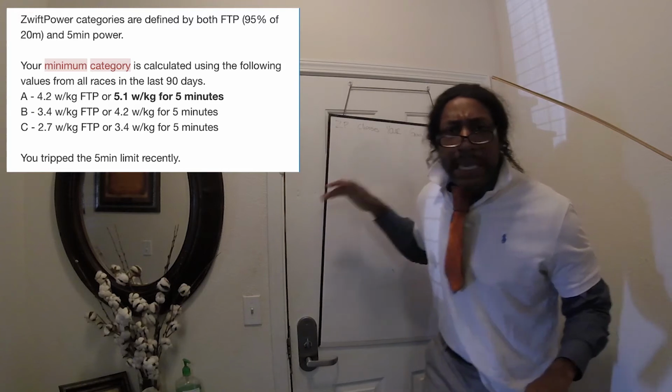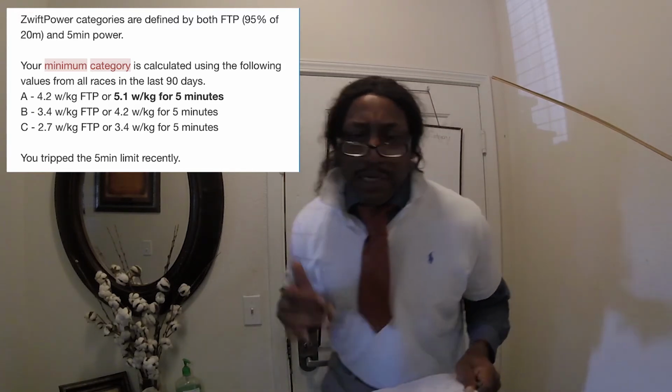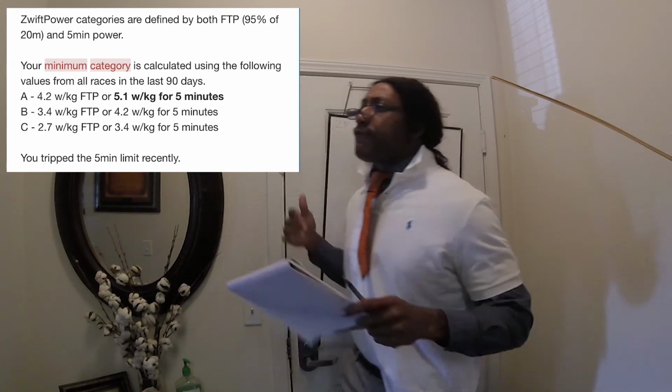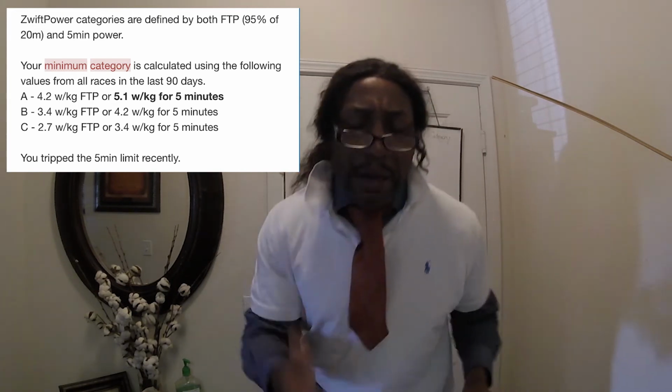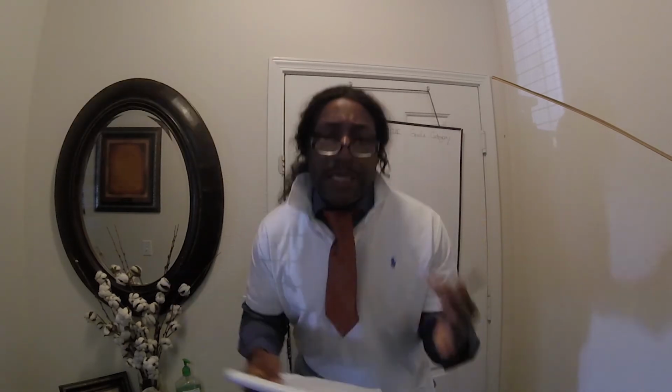All right, and it says there that they utilize your 95% of 20-minute power and your 5-minute power to help identify which category you belong in. So what's going to happen is you're going to start in D grade or whatever, and you're going to move up through the ranks. Don't you all want to move up in the ranks? I believe so if you're here today.